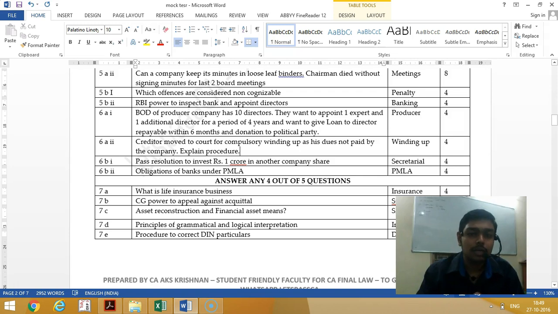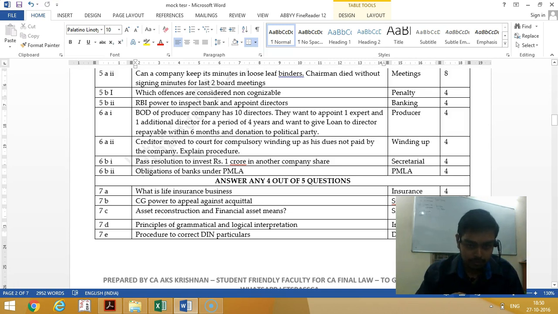The creditor shall prove to the court that the company is not able to pay, and he will file a petition. The court will inquire into the petition. Based on that, if it's okay, the court will take it up. Then they will serve a notice on the company. This is the procedure, and they will pass an order of winding up.